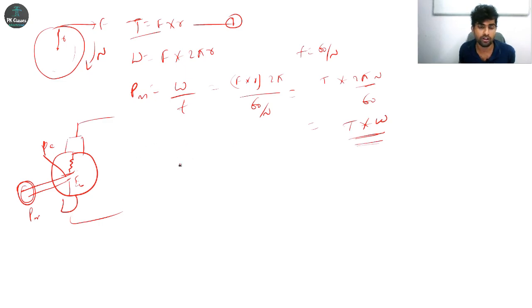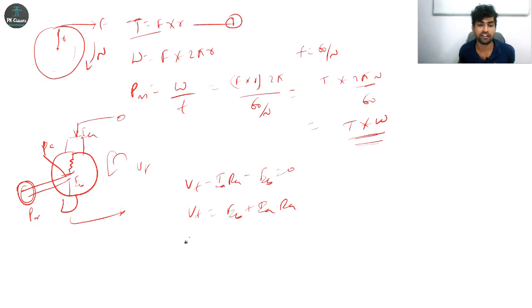What about electrical power developed by the motor? You apply KVL: this is Vt, this is Ia current. So Vt minus Ia Ra minus Eb is equal to 0, so Vt is equal to Eb plus Ia Ra.